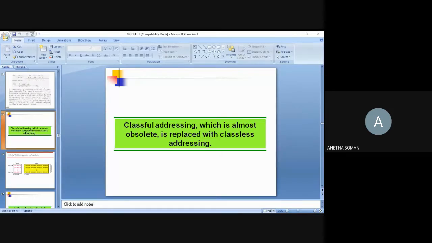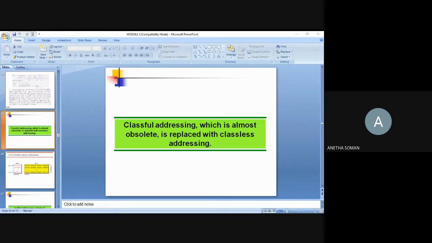Now if an organization is given a block, what is provided is the first address and the mask. I have already told you the importance of the mask in the last class: if you want to identify the net ID and the host ID, you require the mask. So in classless addressing, an organization is given the first address and the mask.